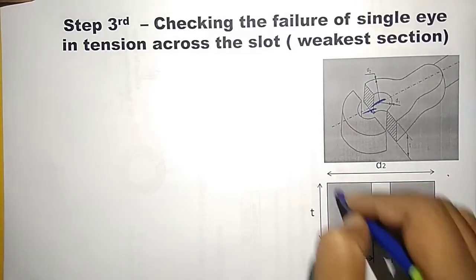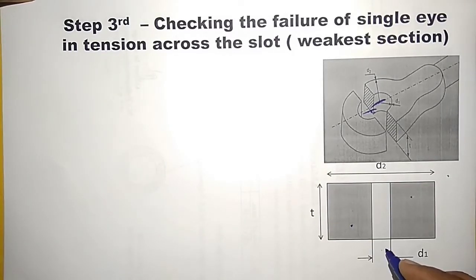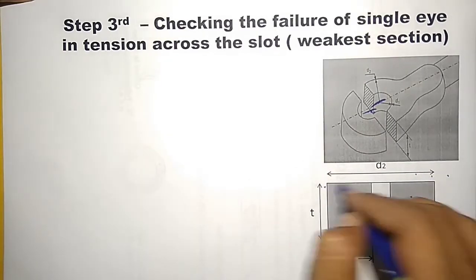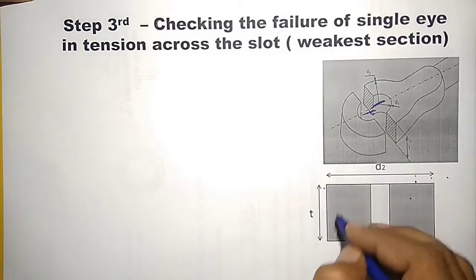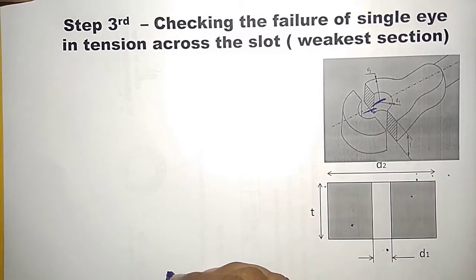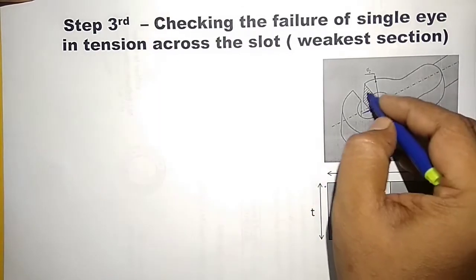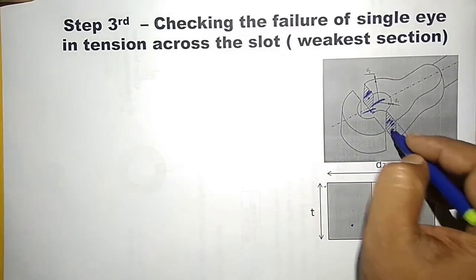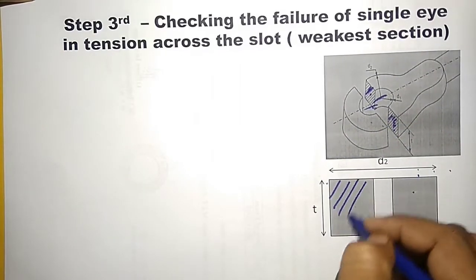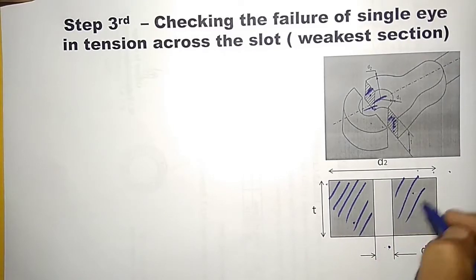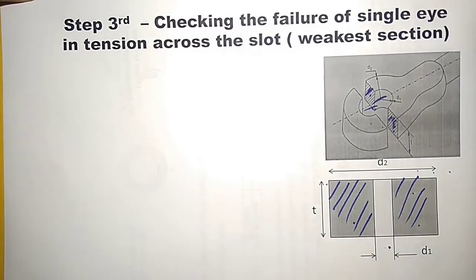This is d2 and this is d1. d1 is the slotted area distance, d2 is the diameter of the single eye, and t is the thickness of the single eye. In this area the tensile stress will be induced. Consider this area in which the tensile stress will be induced. So what will be the area?